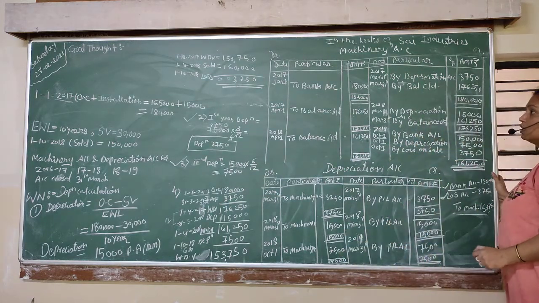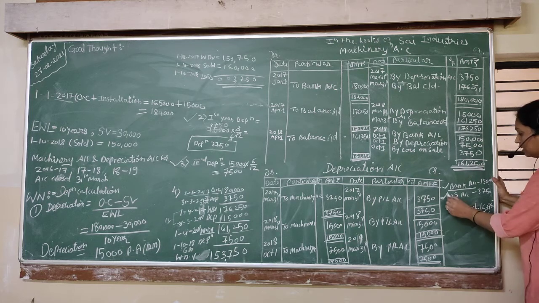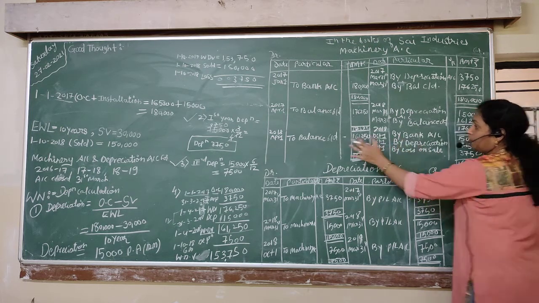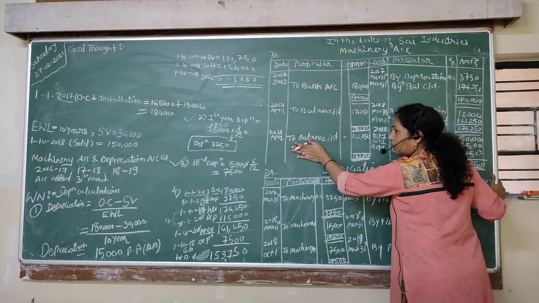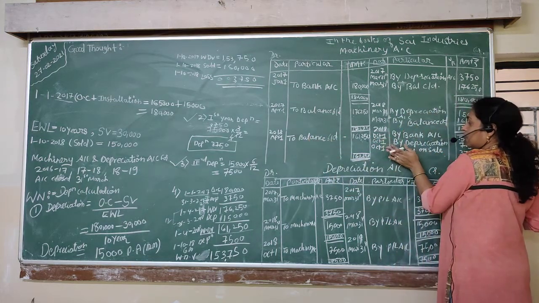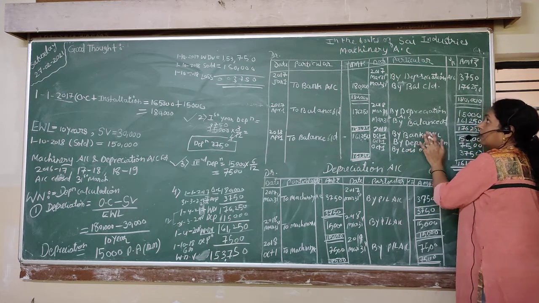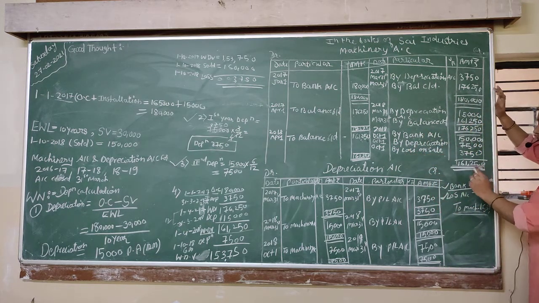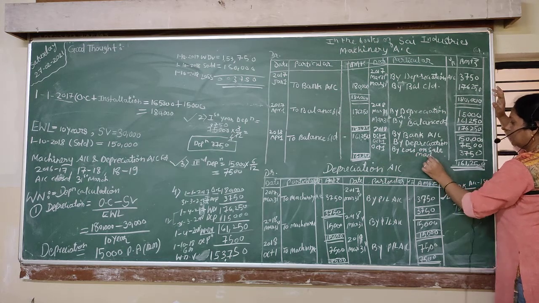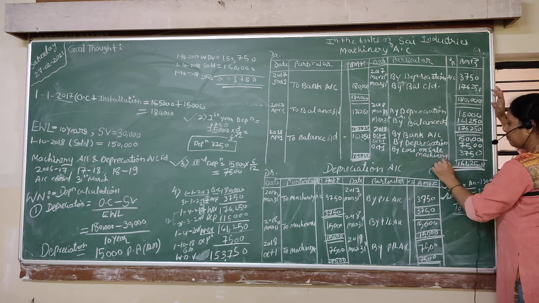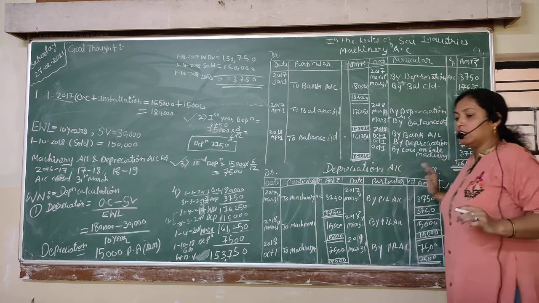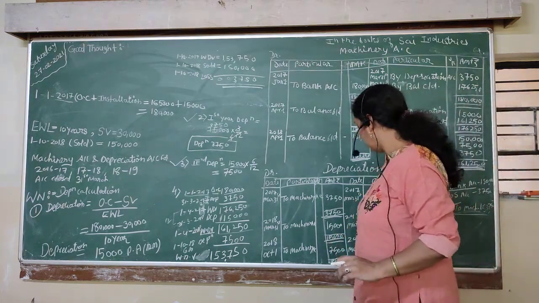And the loss on the sale of machinery: profit on the sale of machinery is shown on the debit side, and loss on the sale of machinery will be shown on the credit side. So we will write by loss on sale of machinery, and that amount is 3,750.